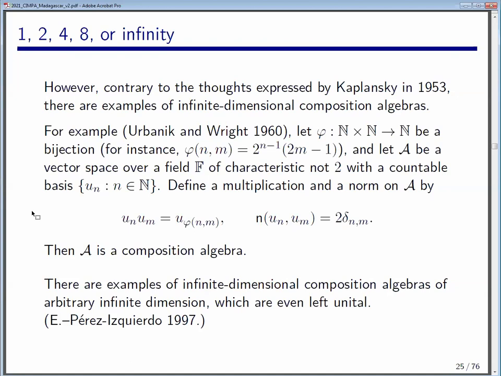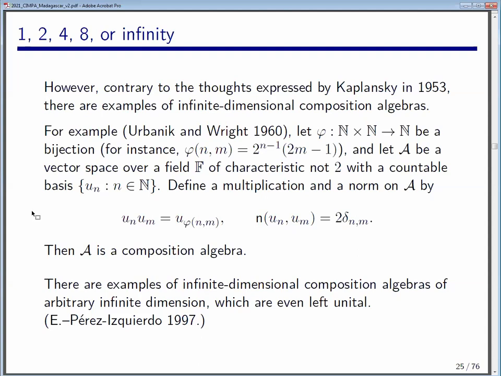You take any infinite cardinal, take a vector space over an arbitrary field with dimension given by this cardinal that you have chosen, and one can define on this vector space a multiplication and a norm that gives you a composition algebra.